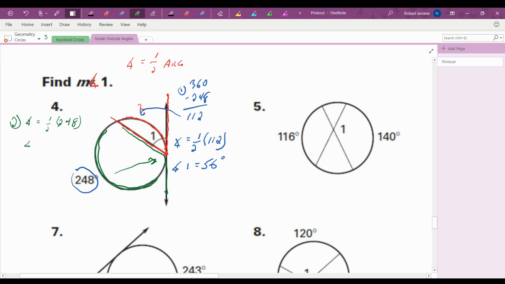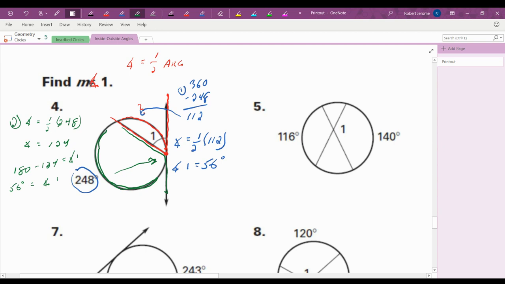And that's going to tell us that angle right there equals 124. But that's not the angle we were looking for. We want its supplement. So now we're going to do 180 minus 124 to get angle 1. And that's going to tell us that angle 1 equals 56 degrees.